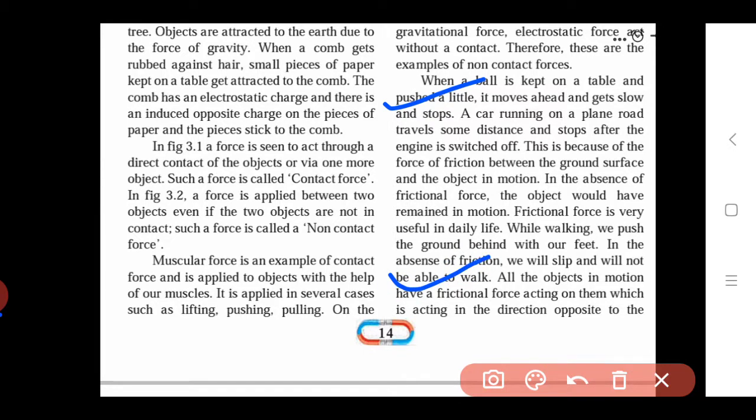All the objects in motion have frictional force acting on them, which is acting in the direction opposite to the motion. In which direction do these frictional forces act?